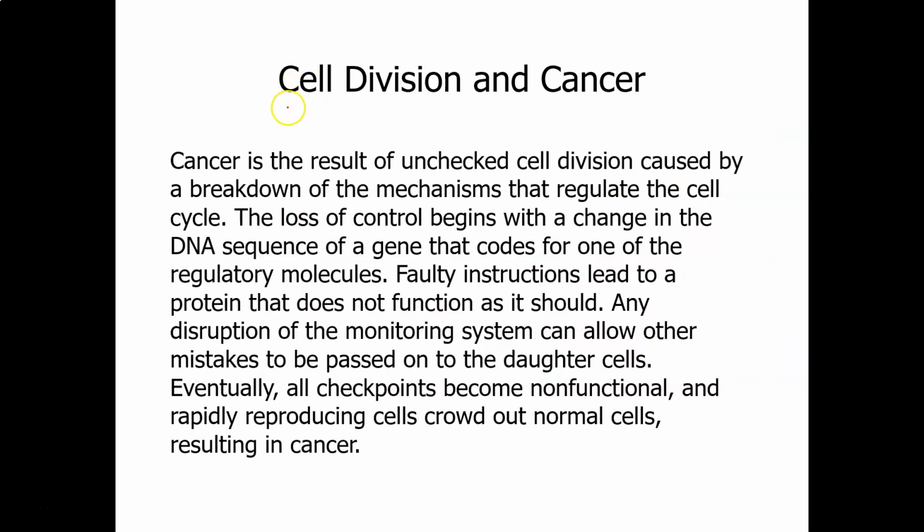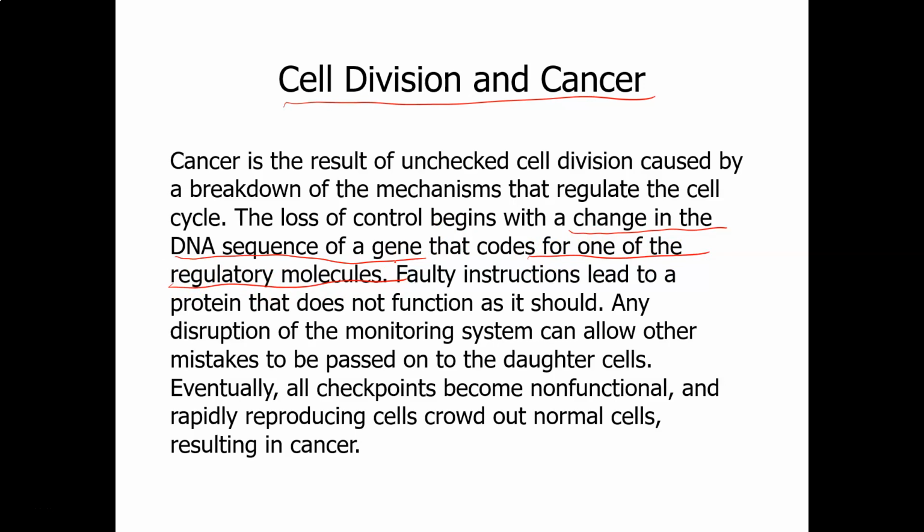Okay, so now cell division and cancer are related. So cancer is the result of unchecked cell division. Mechanisms that regulate the cell cycle just break down. They don't work anymore. The loss of control begins with a change in the DNA sequence of a gene that codes for one of the regulatory molecules.